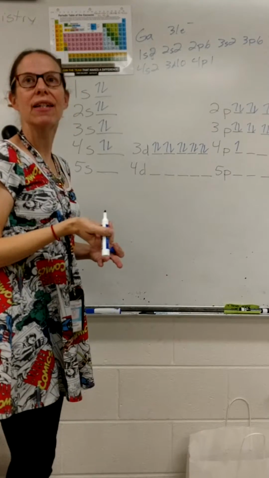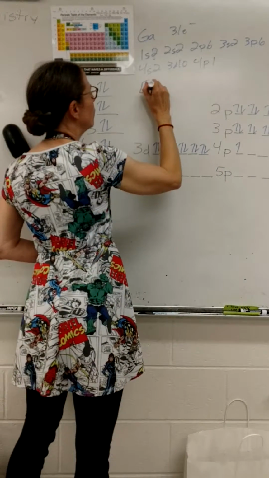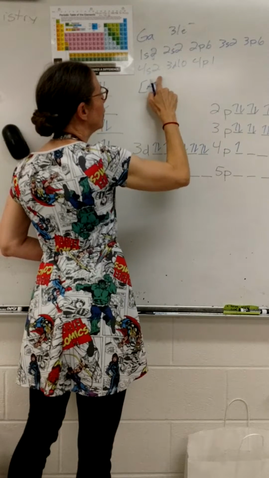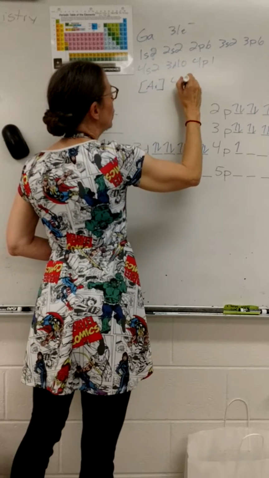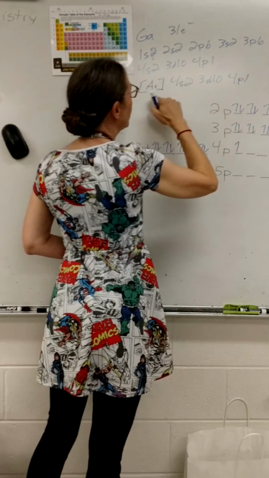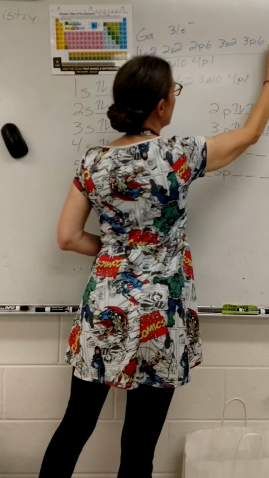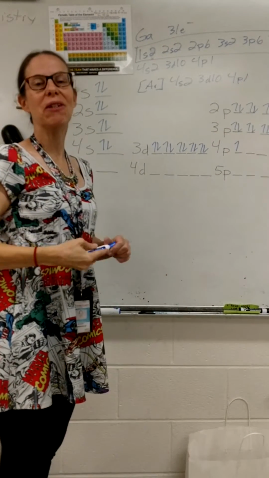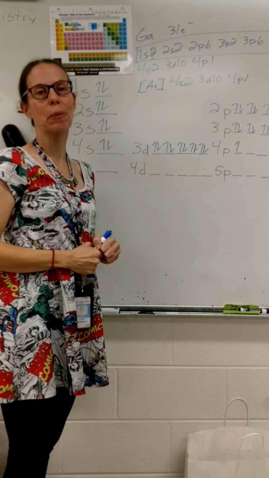Or the noble gas configuration would be argon, and then just this bit down here, 4s2, 3d10, 4p1. Argon encompasses this whole piece up here, so we don't have to rewrite it. I hope that helps you to figure out electron configurations and orbital diagrams.